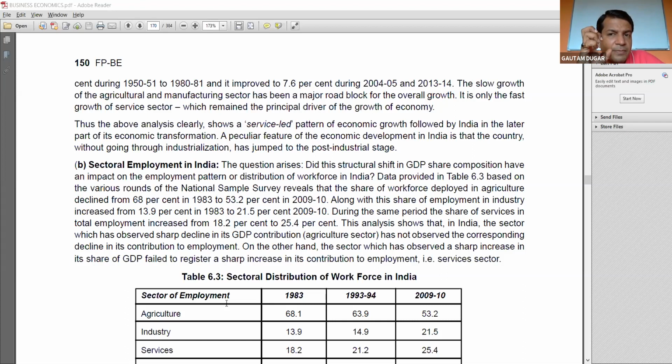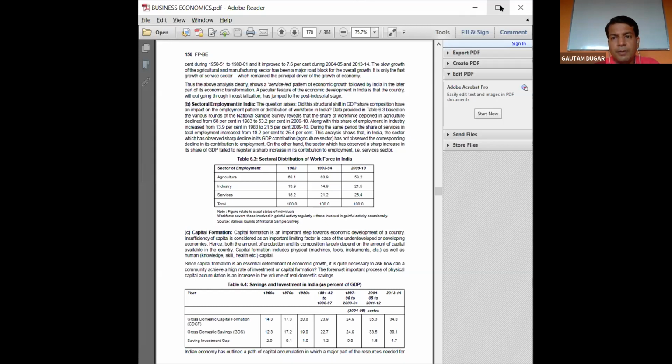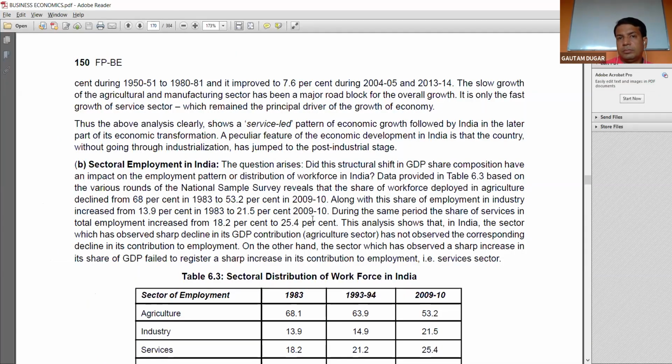In the service sector, we are having only 25.4% employment, whereas the service sector is contributing a lot more to the GDP. And agriculture is contributing just 18.4%, but it is employing 53.2%.